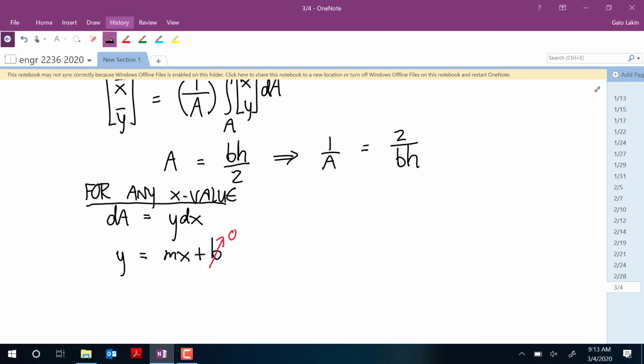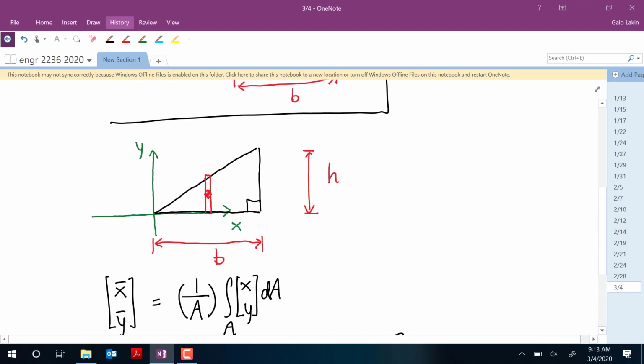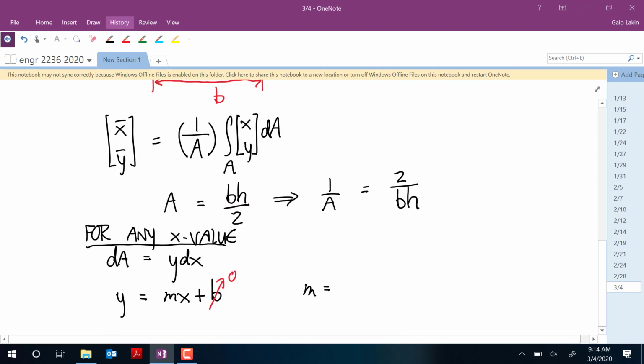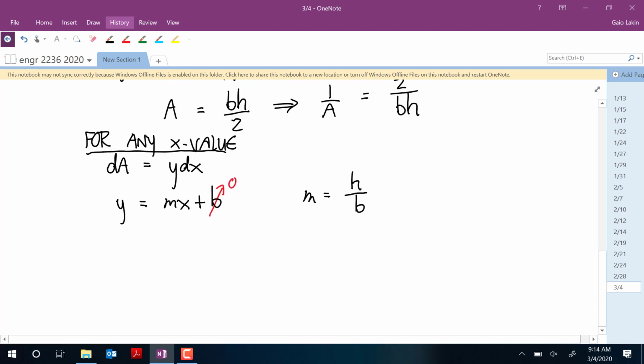And then the slope, well, if you follow this line, by the time you've risen h, you've had a run of b. So that slope is h over b. And so for any x value, the associated y value is hx over b.